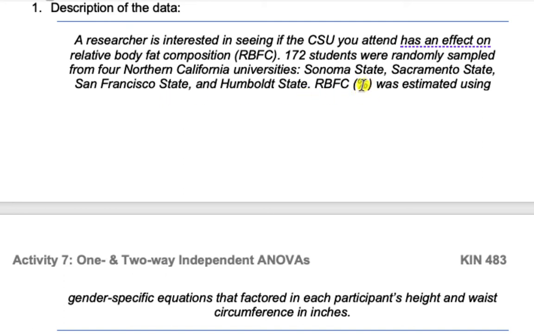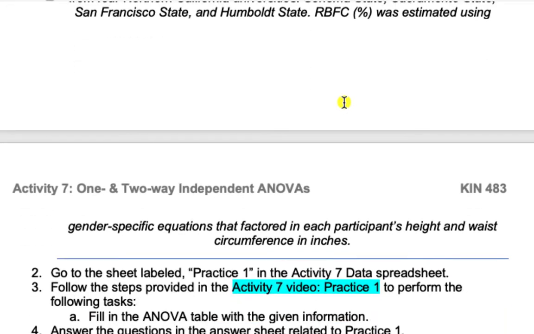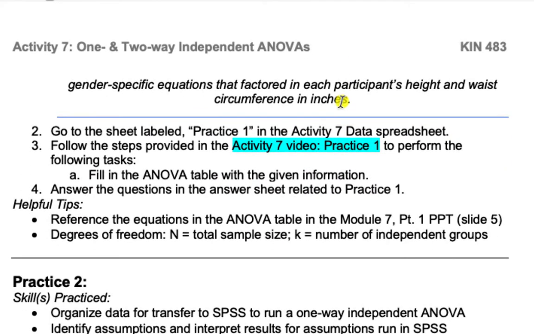RBFC, measured as a percentage, was estimated using gender-specific equations that factored in each participant's height and waist circumference in inches. So we are going to go to our sheet labeled Practice 1, and we will fill in the ANOVA table with the given information.